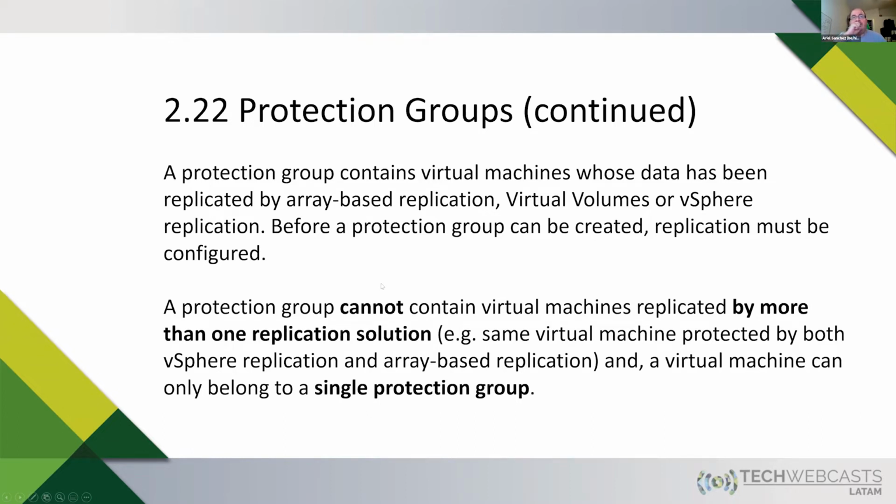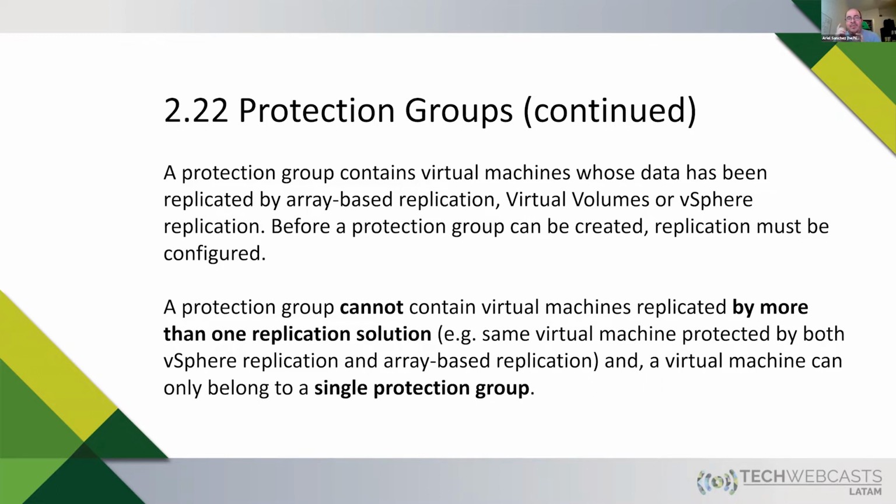There are different ways that you can replicate the VMs. Very famous is array-based. There's also the capability, starting with 8.3, of using virtual volumes, vSphere replication. There's all of these capabilities.